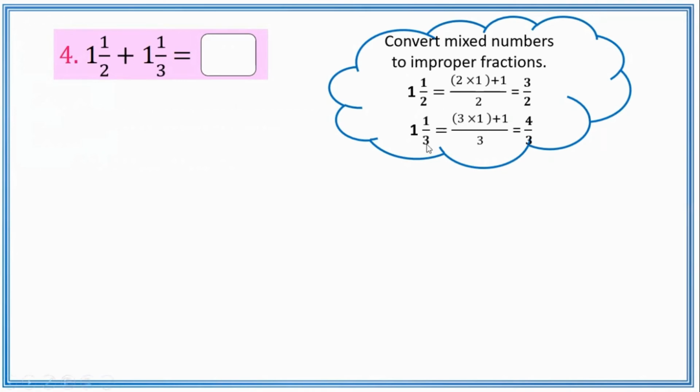So 1 and 1/3 will be 3 times 1 plus 1 is equal to 4, and then retain the same denominator, which is 3. So here 1 and 1/2 is equal to 3 out of 2. 1 and 1/3 is equal to 4 out of 3.